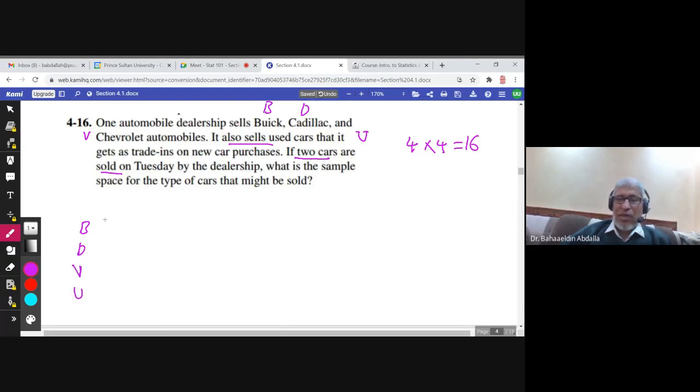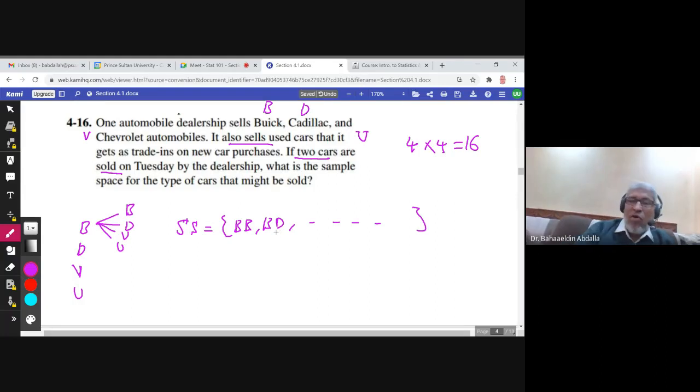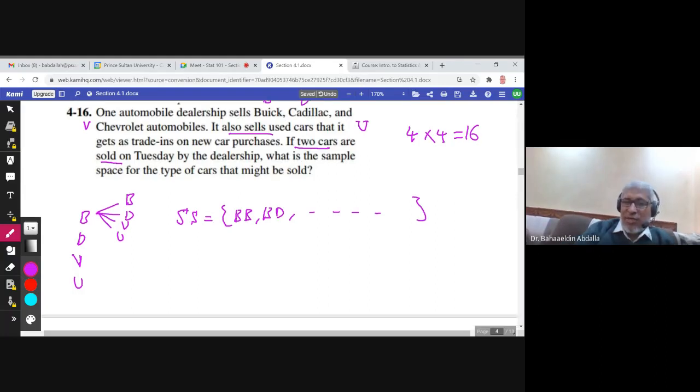If the first car sold is B, the second could be B, D, V, or a used car, and so on for each one of these. And the sample space would consist of B, B, or B, D, and so on. You can list all the 16 possibilities in this case.